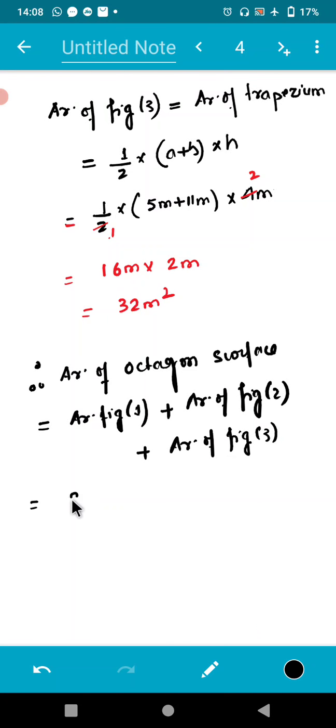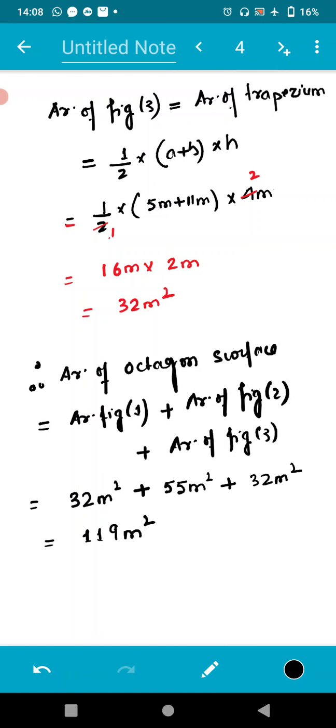Now, area of figure 1 is 32 meter square, area of figure 2 is what? Area of figure 2 is 55 meter square, and area of figure 3 is also equal to 32 meter square. So, what will be the total sum? That would be equal to 119 meter square. So, this is the required solution of question number 9, students. I hope all of you have understood this.